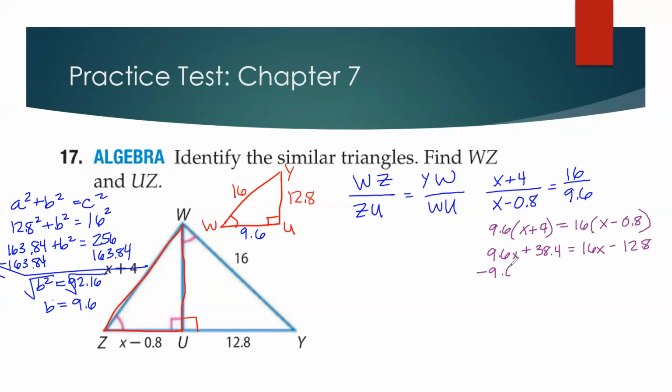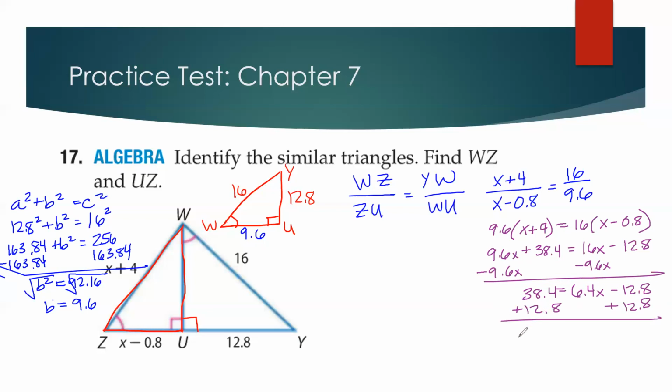I can subtract 9.6x from both sides. This ends up being 38.4 is equal to 6.4x minus 12.8. Then I would add 12.8, and I end up with 51.2 equals 6.4x, and then I would divide by 6.4, and I end up getting 8, exactly 8. So I know x is equal to 8.